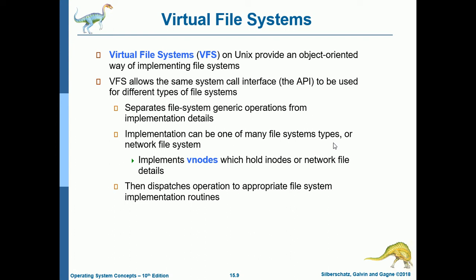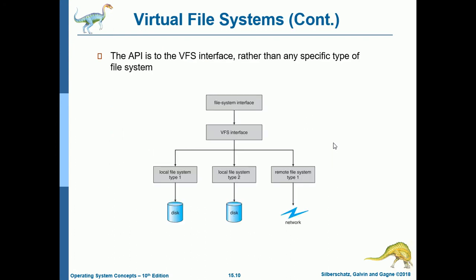It also implements vNodes, or virtual nodes, which hold inodes or network file details. VFS also dispatches operations to appropriate file system implementation routines. So the API is to the VFS interface rather than any specific type of system. This is the setup for VFS.